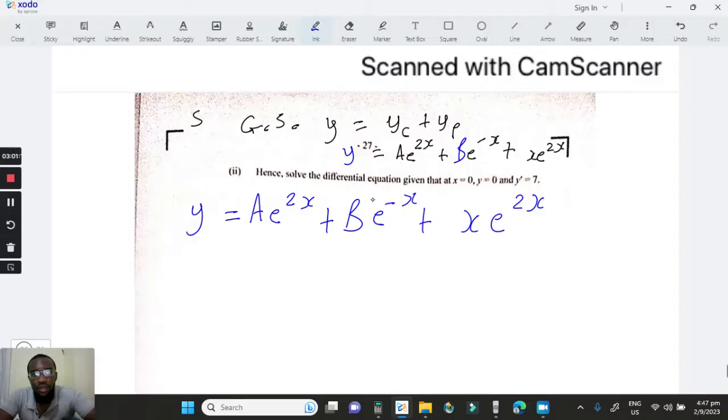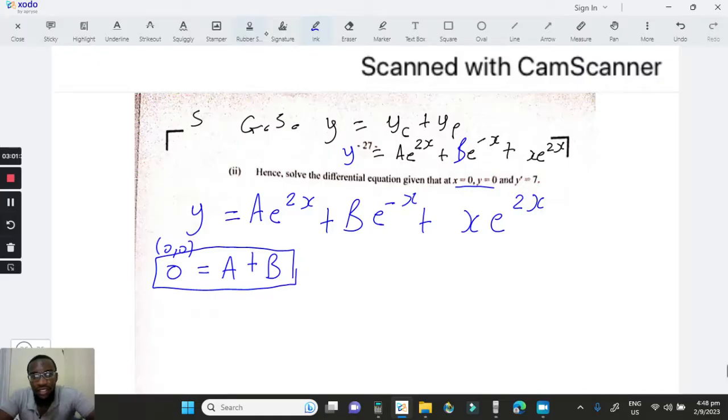So solving it now, first thing, plug in when x is 0, y is 0. So this is at the point (0, 0). Anything to the 0 is 1, and 0 times anything is 0. So this is one equation.